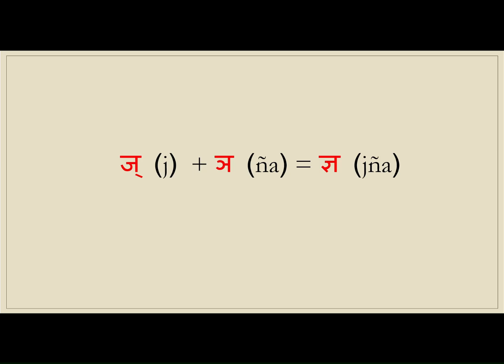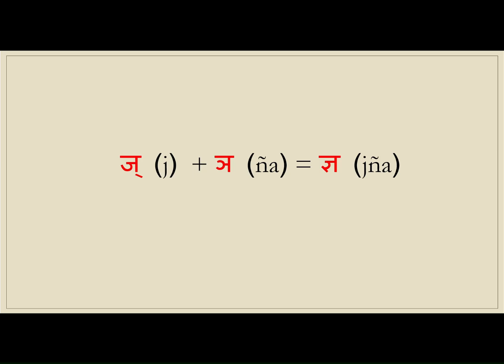Our next consonant is Halanta ja plus nya. Now this is quite complicated, because there are many versions of the pronunciation of the conjunction of these two characters in Sanskrit. Few people call it gya, which is the most prevalent. Few people call it jnya, which has perhaps been derived directly by conjoining these two consonants.